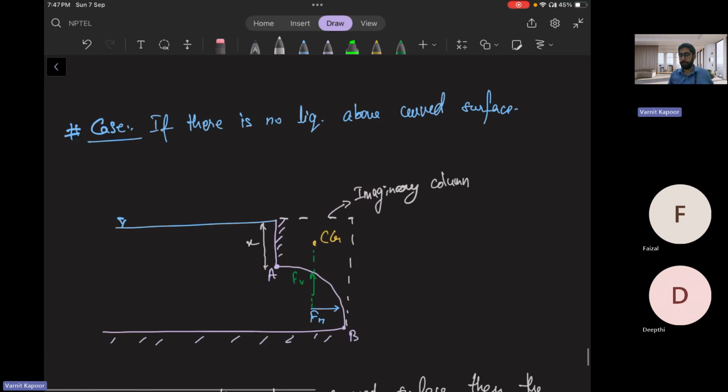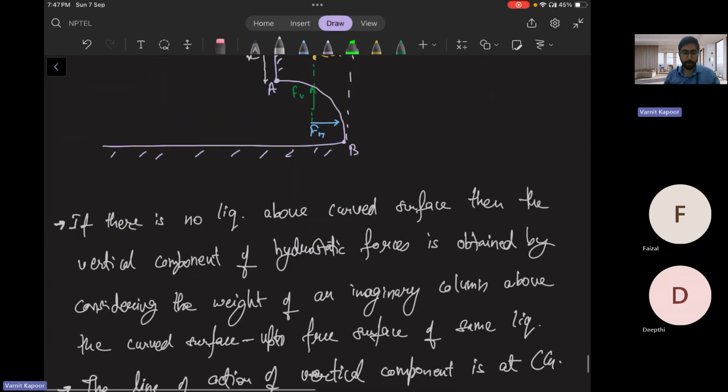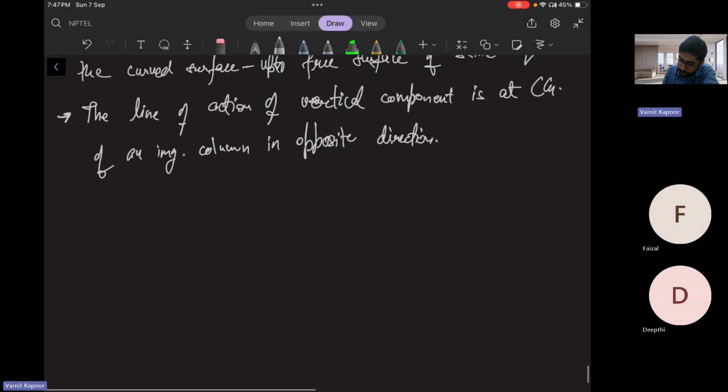Okay, in the opposite direction. So F horizontal will be how much here? F horizontal is again gamma A x bar, the projected area, and F vertical is the weight of the imaginary column.